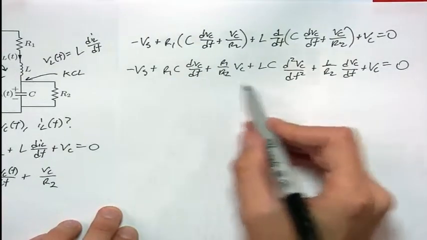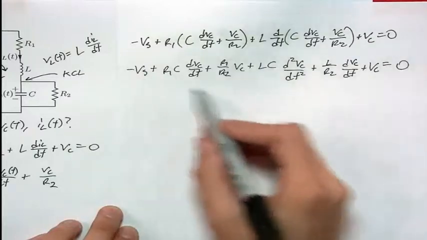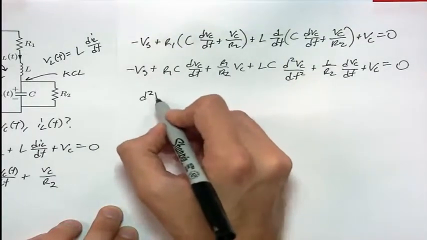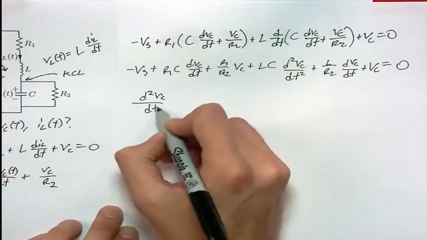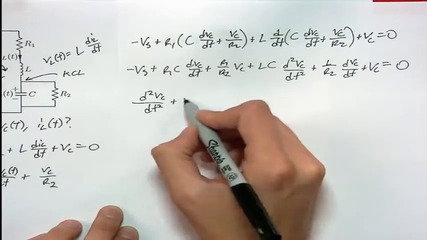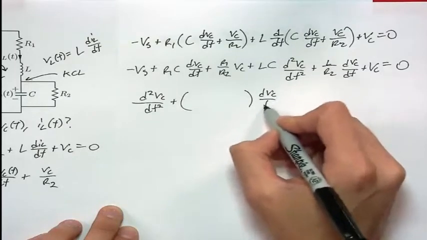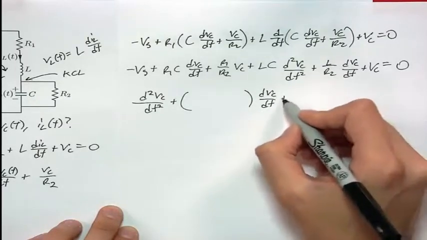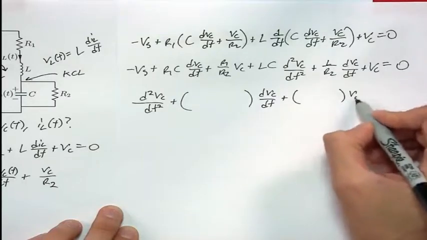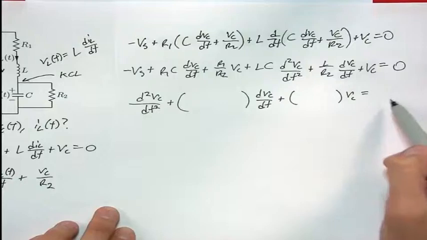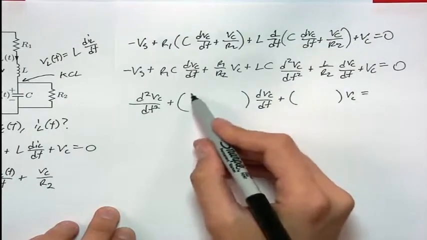Now we can group terms together and put it into a common form. The common form has the second derivative in front, then the first derivative terms grouped together, then the constant term grouped together, and that equals our forcing term. Let's fill in these spots.